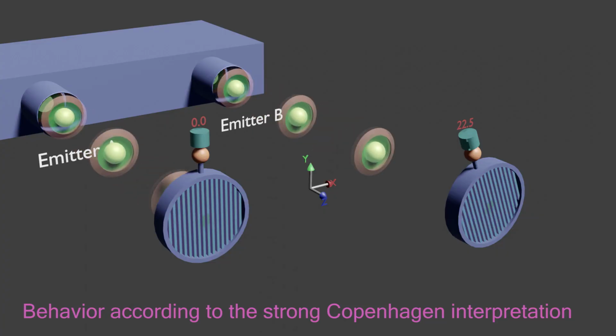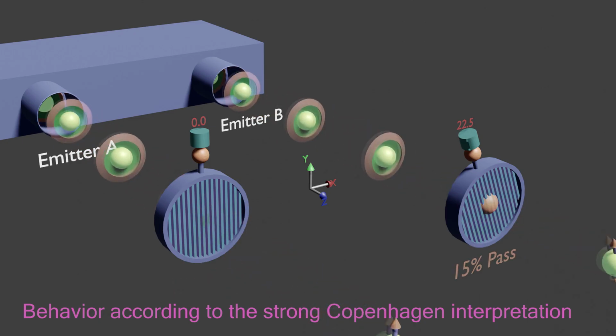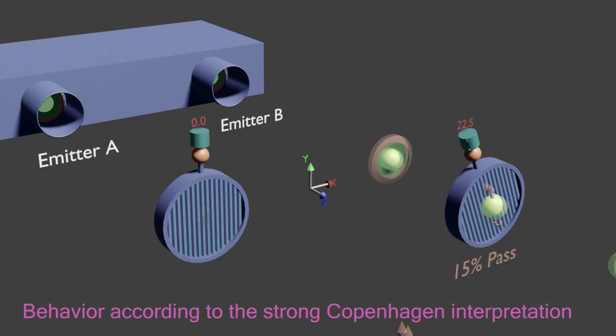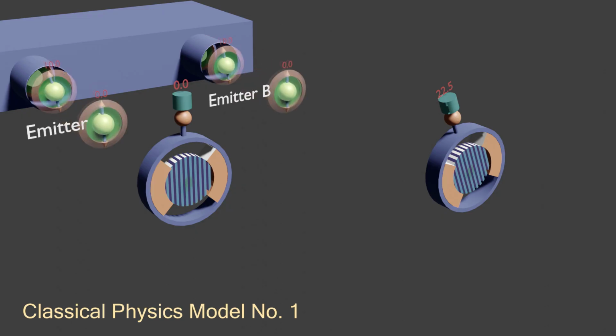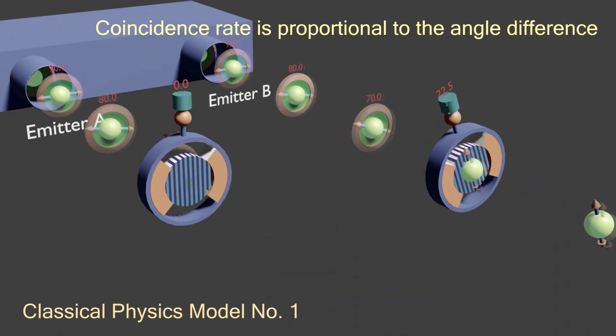But in the case of entangled photons, the probability of passage is a cosine squared, so the matching rate of the passing photons must be about 85%. In fact, in this classical model, the coincidence rate between photons is always proportional to the angular difference between the filters, which is inconsistent with quantum entanglement.